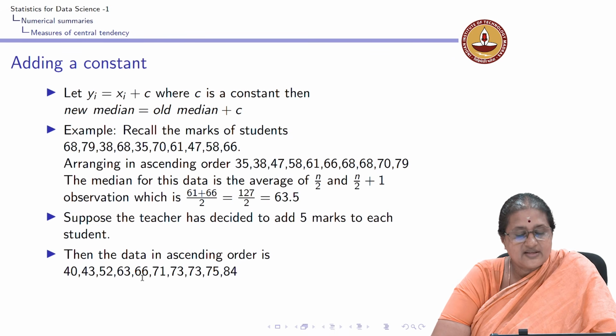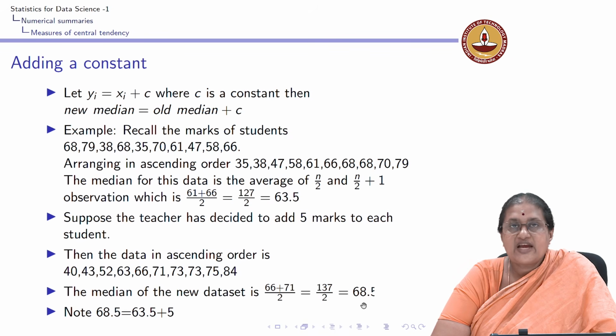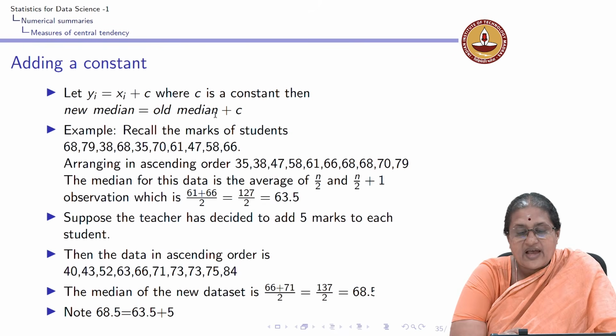So the median in this case is 66 plus 71 divided by 2, which is 68.5. Since 66 is 61 plus 5 and 71 is 66 plus 5, the new median is nothing but your old median plus a constant.